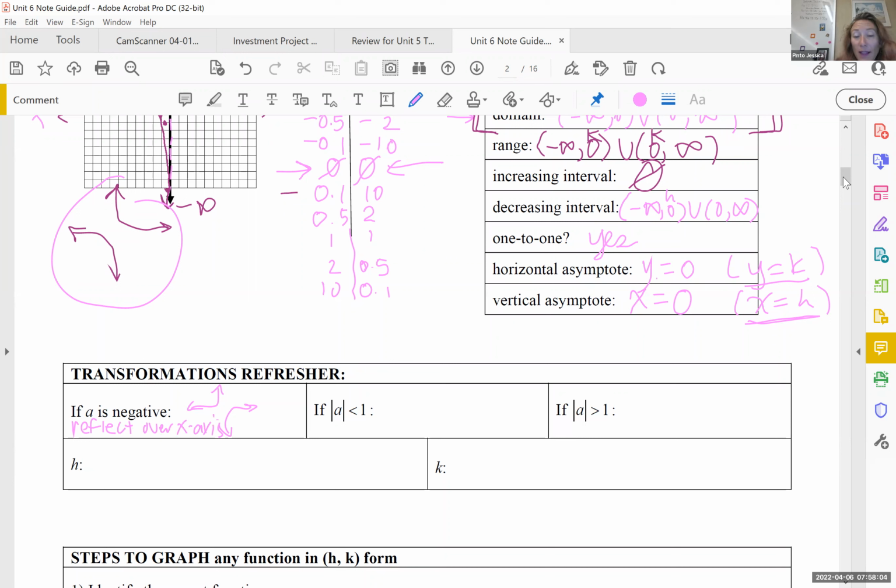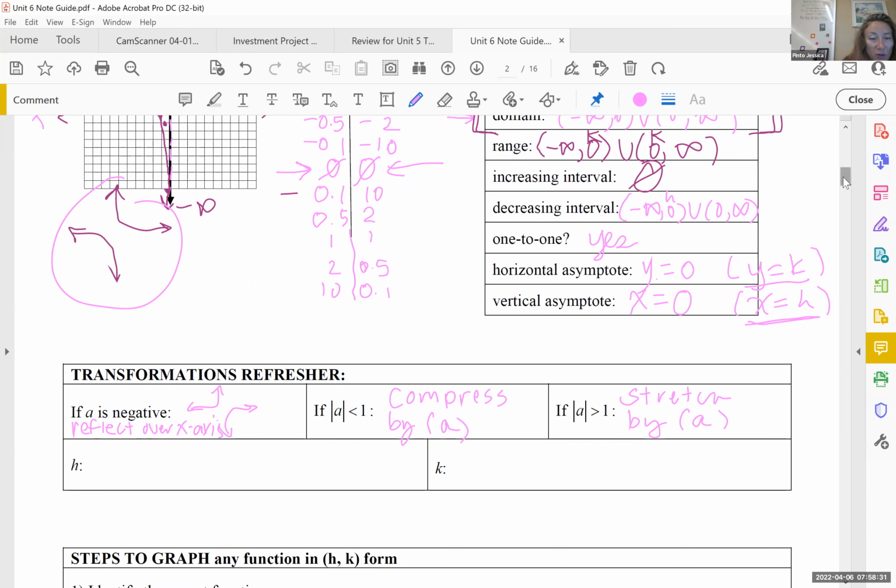If a is less than 1, we're going to say compress by a. If a is larger than 1, we're going to say stretch. And you might even want to use the word by a factor of a in both of those cases.